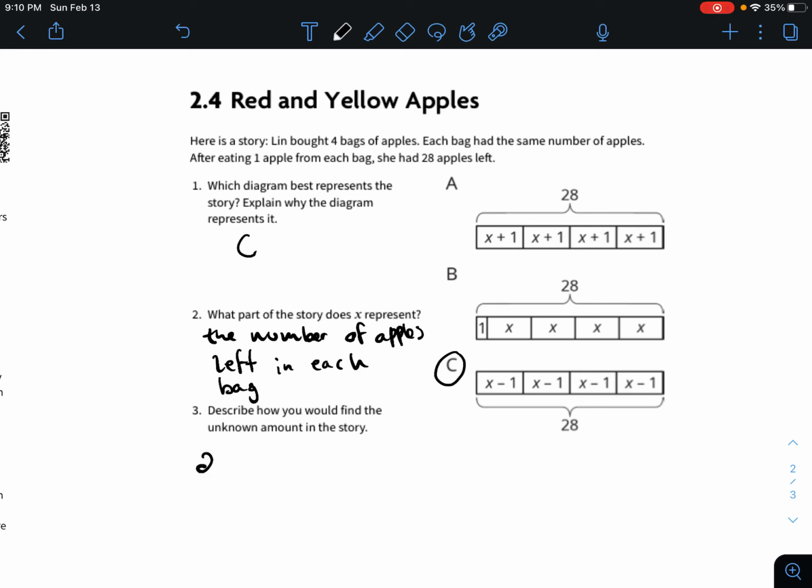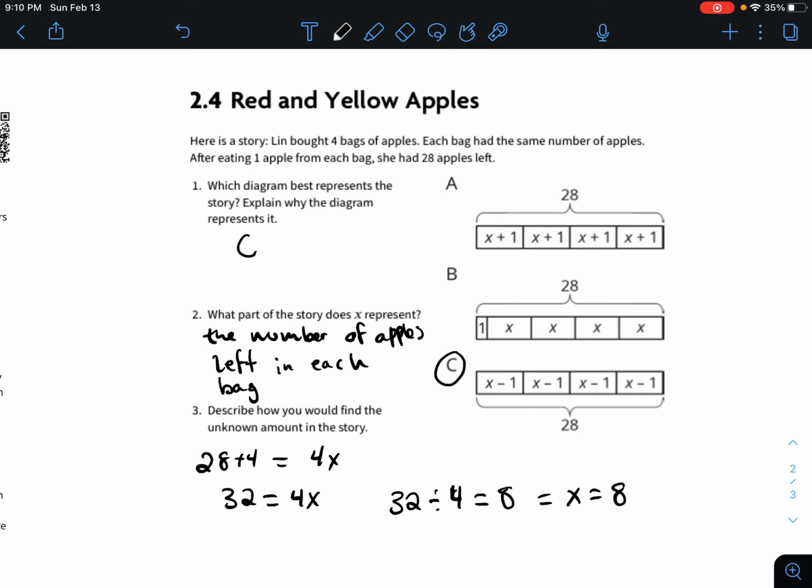That would give us 28 plus 4 is equal to 4x. So that would be 32 equals 4x. Well, I know that 4 times 8, or 32 divided by 4, equals 8. So now I know that x equals 8.